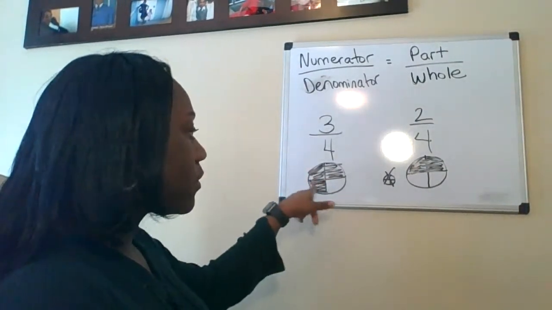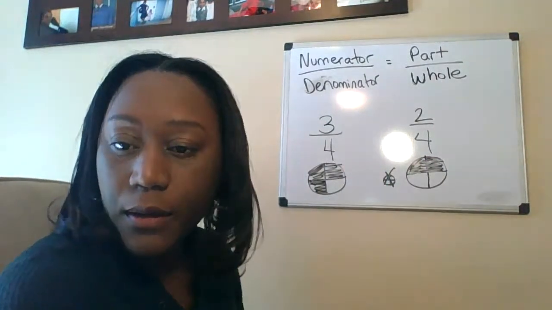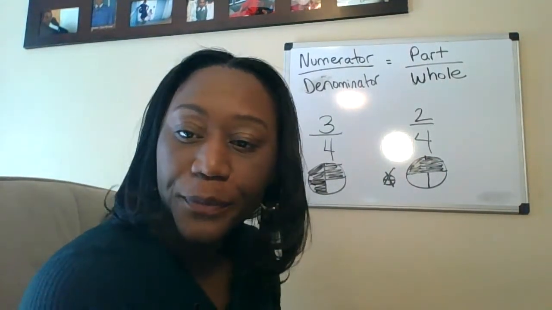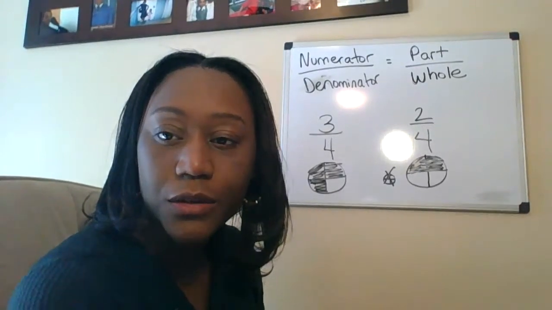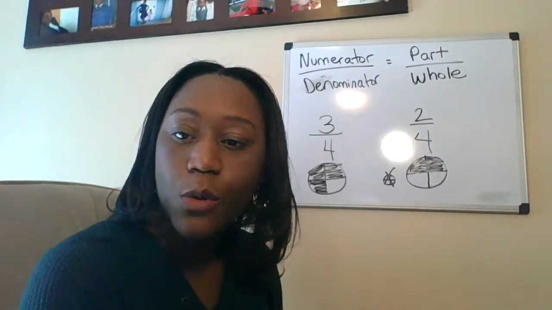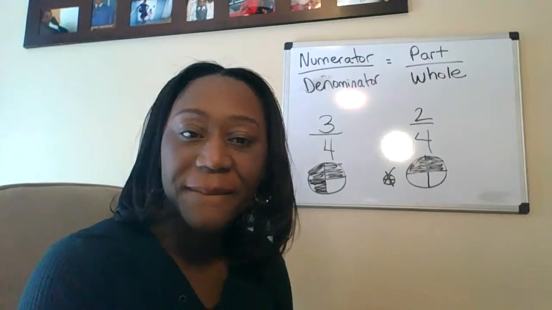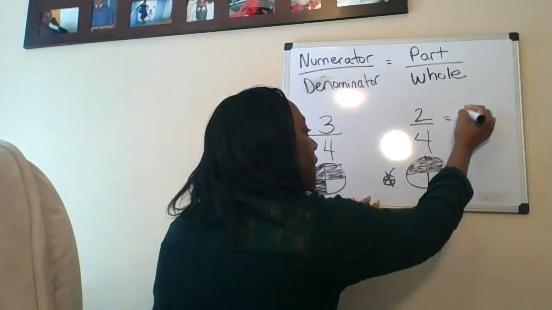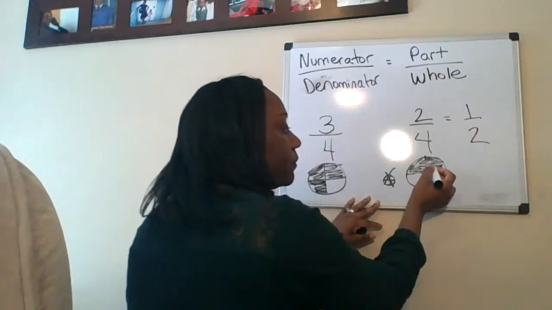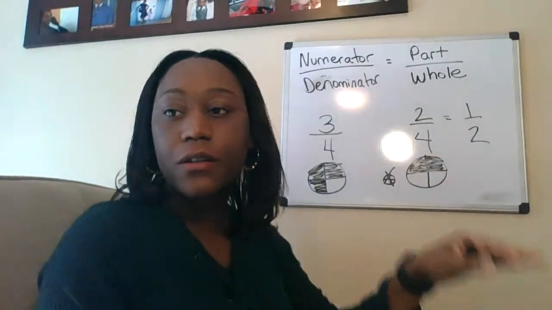Is this more or is this one more? Which fraction is more? Yep, I see Saeed says 2. I'm getting a lot of 2s. I've shaded in 2. What fraction is more? Yep, this one is also equal to 1/2 because it's half of the circle.